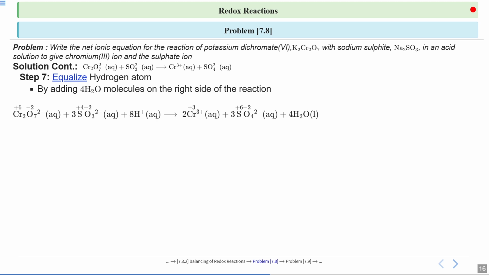This would be Cr2O7 2 negative plus 3SO3 2 negative plus 8 H positive gives 2Cr3 positive plus 3SO4 2 negative plus 4 H2O. All the compounds and atoms involved in the reaction are present in the aqueous state except the water, as its state is liquid.